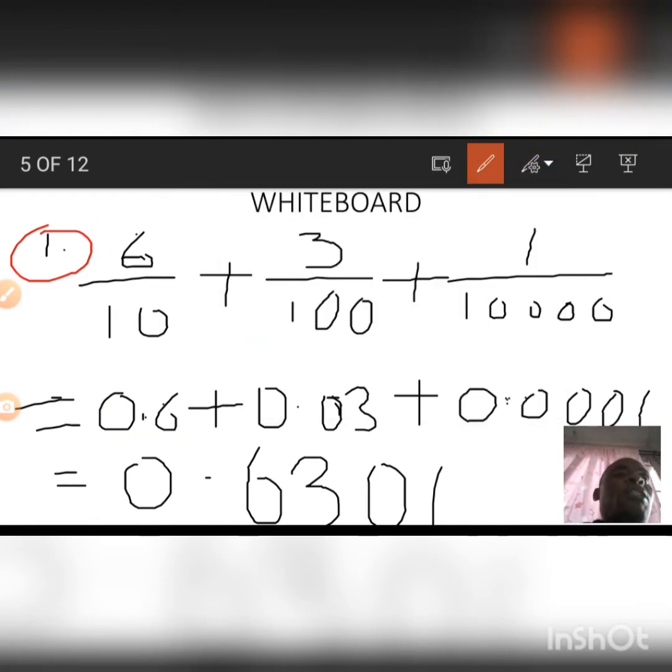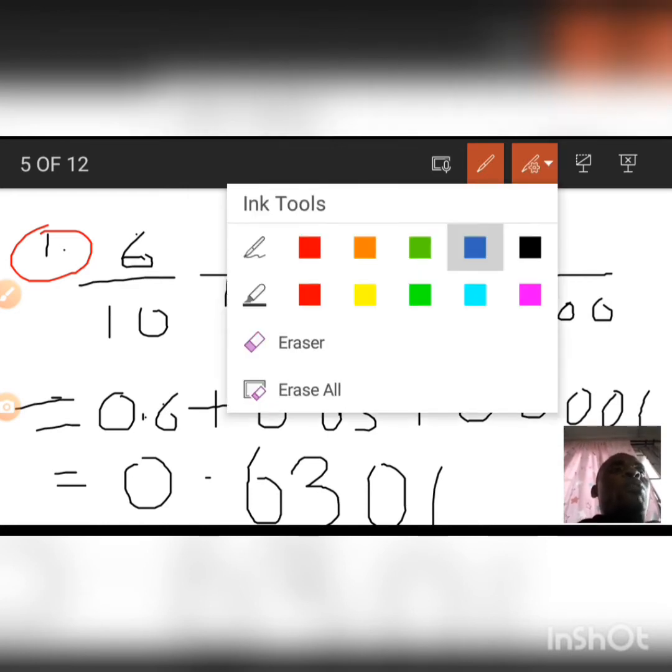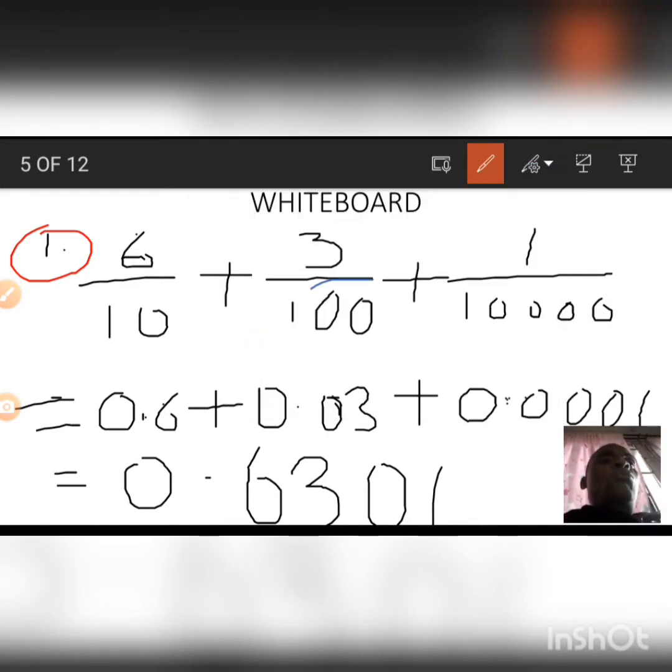Now, let's use the same method to change 3/100 to decimal. So now we have 3 there, but the decimal is going to be shifted twice because it has 2 zeros beneath it. So that means we are going to shift it twice, like this, 1 and 2.